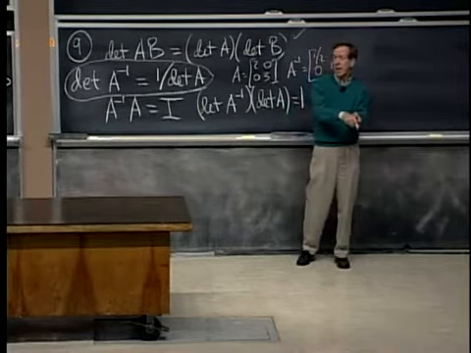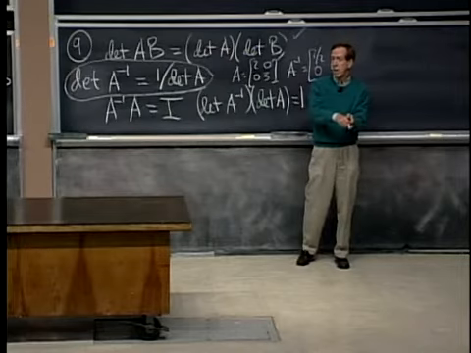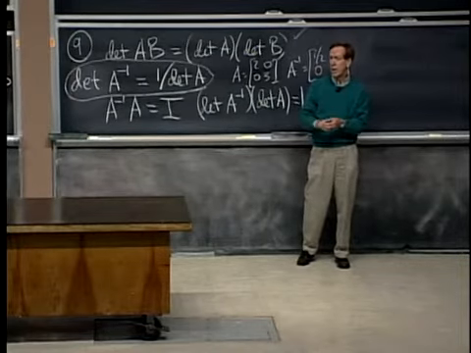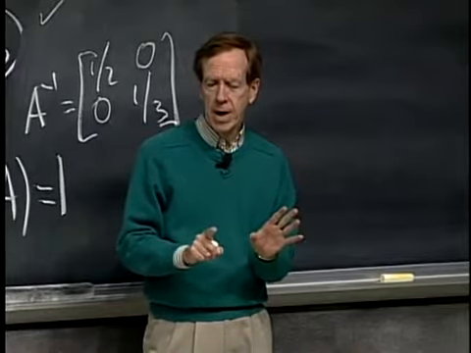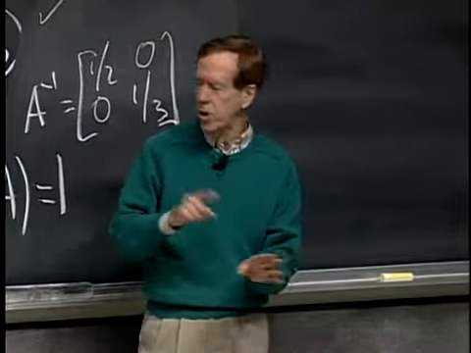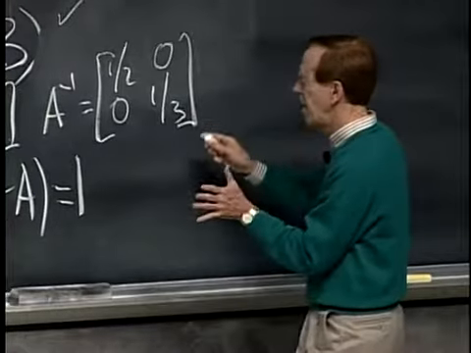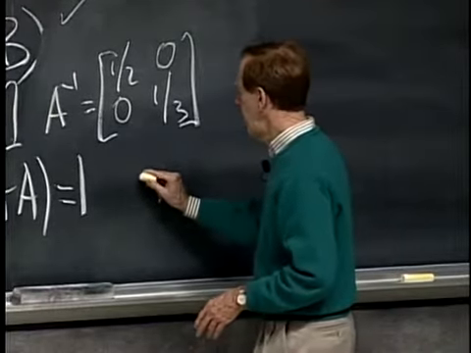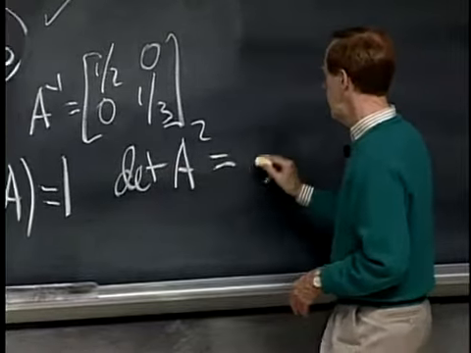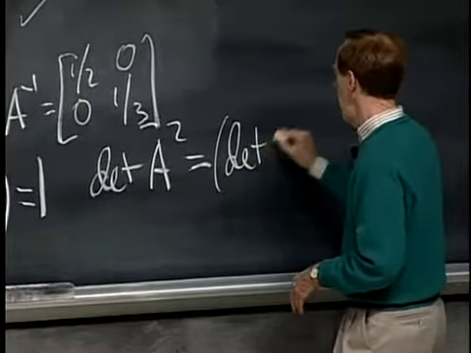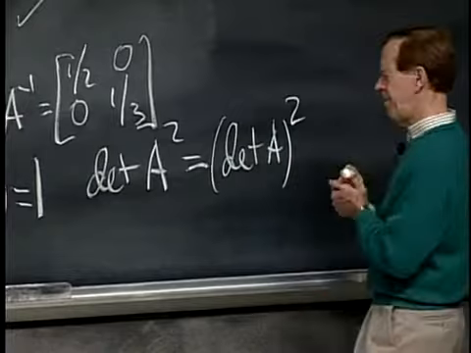If I double the matrix, what do I do to the determinant? Think about that one. I'm writing down facts that follow. The determinant of A squared is the determinant of A all squared.